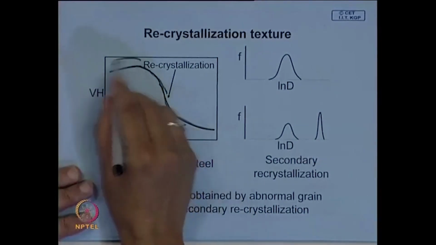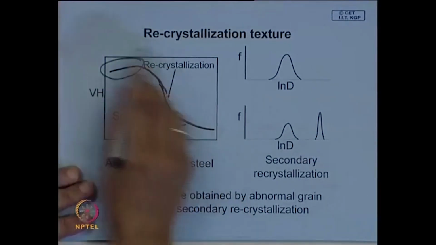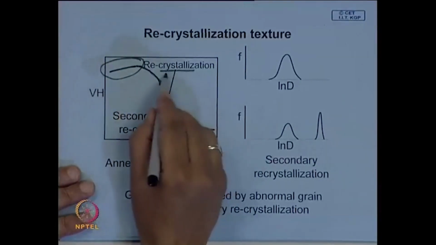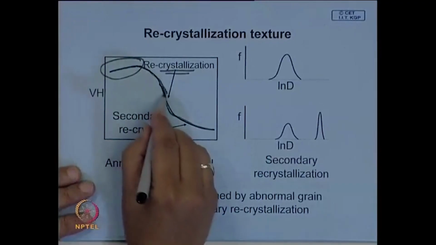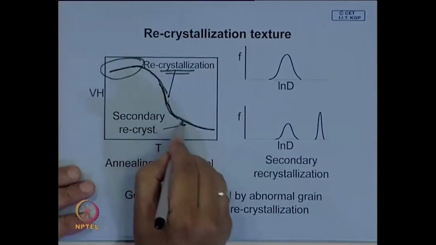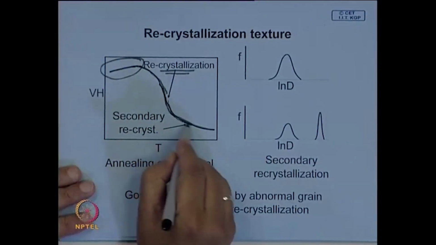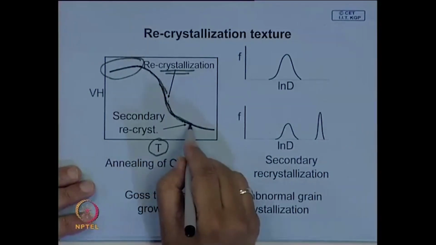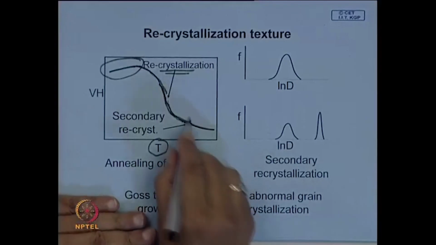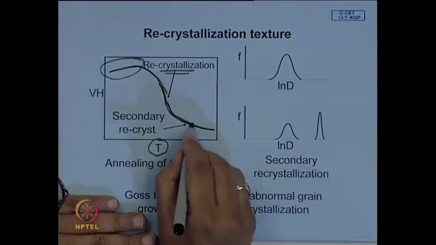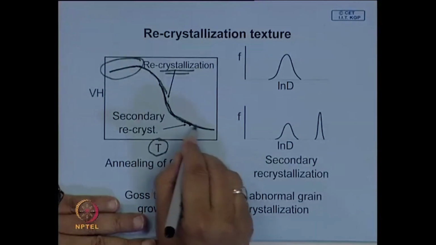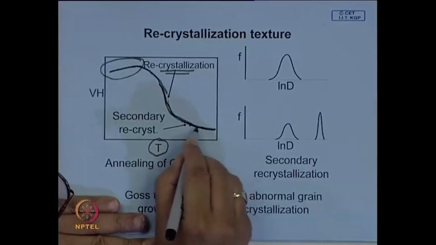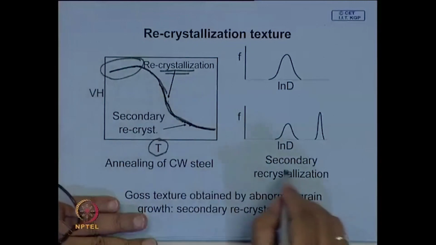This is a strain aging part, but let us forget it here. When recrystallization takes place, new strain free grains form. If you go on increasing the temperature beyond a certain point, the precipitates or inclusions that are there dissolve, and that is when there will be uncontrolled grain growth, called secondary recrystallization.